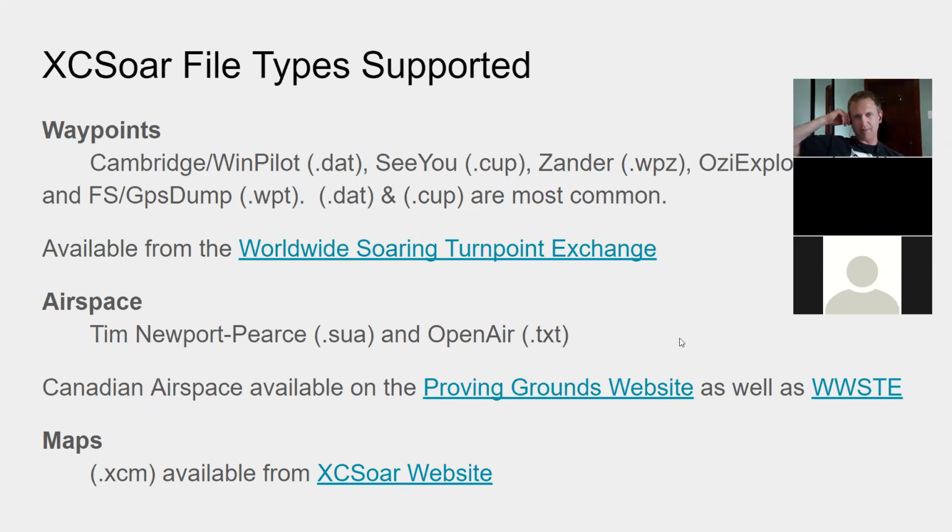The Canadian airspace gets updated every 56 days, so I'm aiming for 8 weeks, to update it every single iteration. So you can go to the Proving Grounds website, there's a link on the PDF. There's also airspace available at the Worldwide Soaring Turnpoint Exchange. If you're going to other destinations, especially the US, or going to a contest, you might want the airspace more specific to that contest.